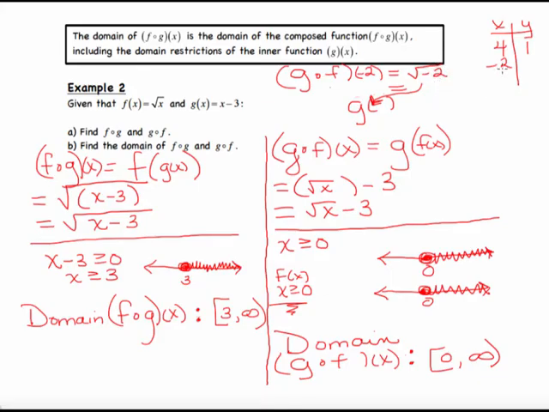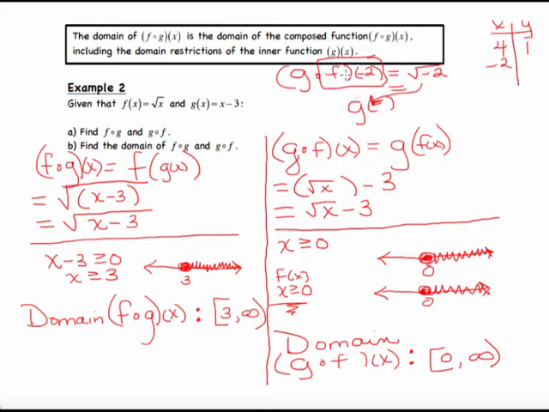So when you are finding the domain of your composite function, it has to work for the inner function first. And so you find the domain of the entire newly composed function and then include any original domain restrictions on the inner one. Sometimes when you build your new function and you clean it up, bad things go away and you lose the original domain restrictions that were in your inner function.